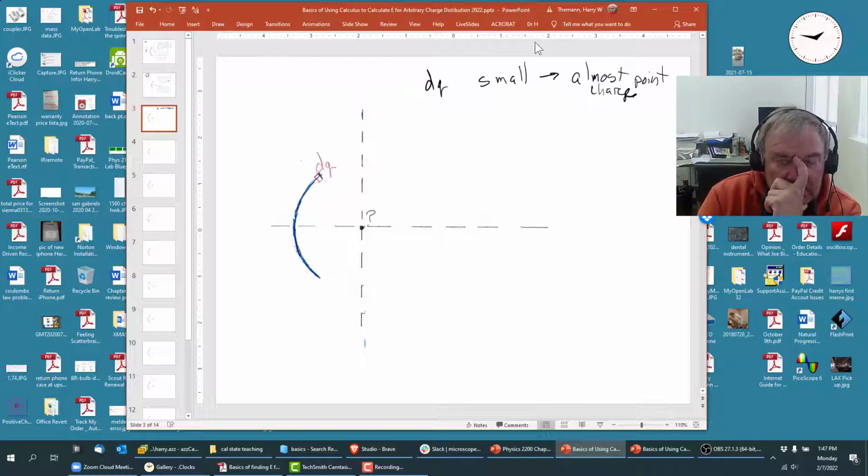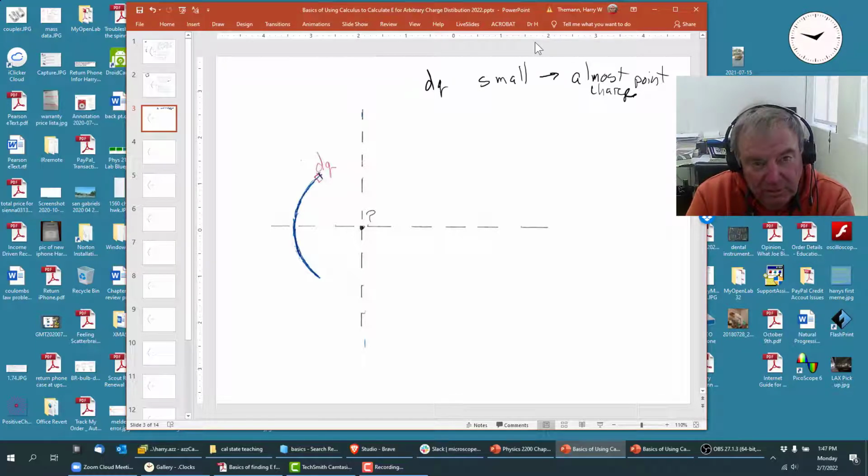And what we're going to do is imagine that to figure out the field at P, we can divide this up into a bunch of dq's, into many dq's.